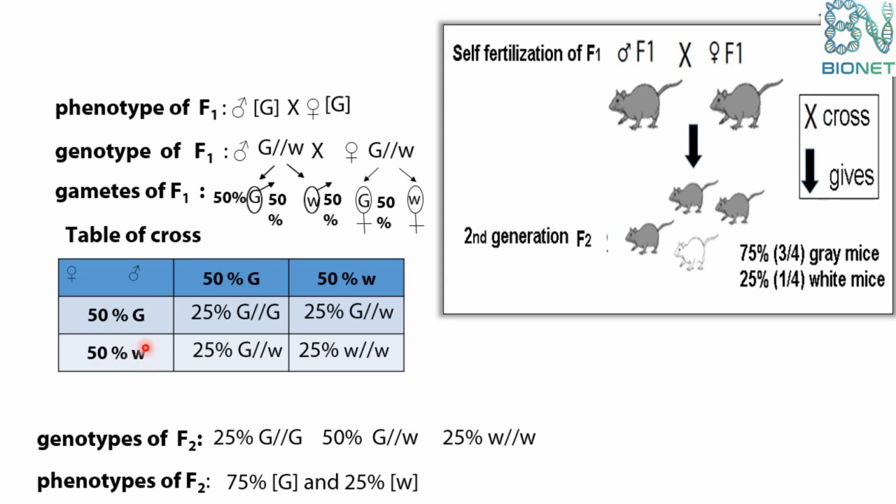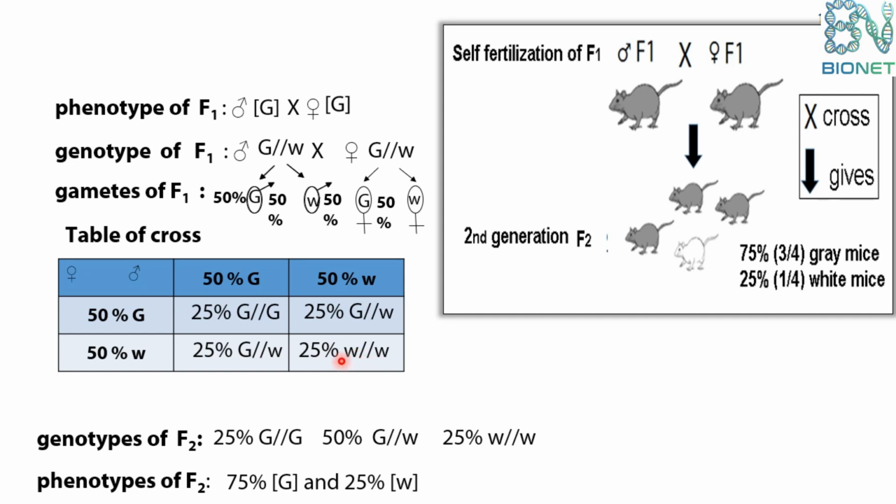Here, the gamete having the allele W fuses with the gamete having the allele G, giving a zygote of genotype GW. Gamete with allele W with gamete with allele W gives a zygote of genotype WW.